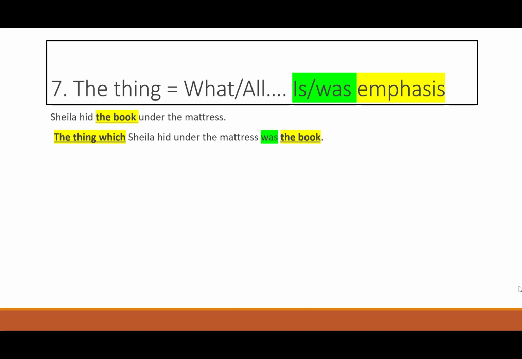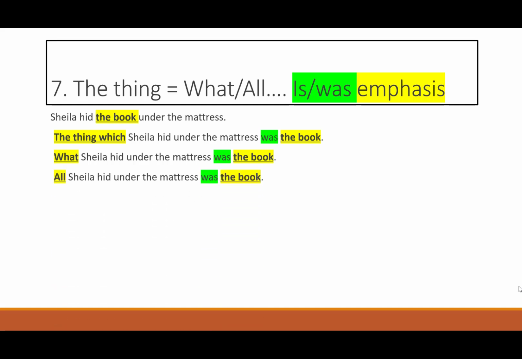What you can do is to change the thing which into what. Then you copy the rest. So the result becomes: what Sheila hid under the mattress was the book. You can also use all to replace the thing which and also what. The result becomes: all Sheila hid under the mattress was the book.